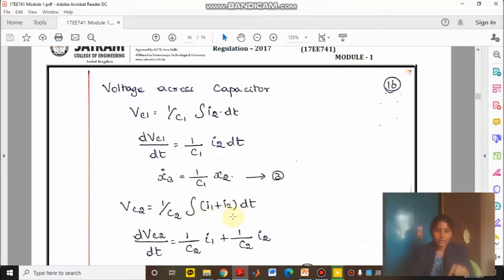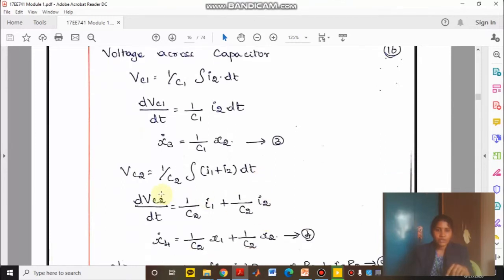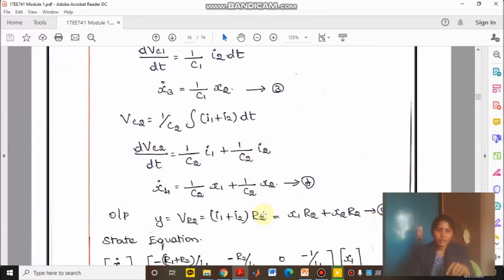So dVc2 by dt is equal to 1 by C2 into I1 plus 1 by C2 into I2. Replace all these physical quantities by your state variables. Now we have identified x1, x2, x3, x4, and in turn the first order differential equations x1 dot, x2 dot, x3 dot and x4 dot.